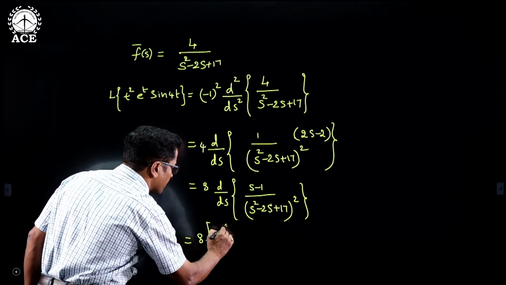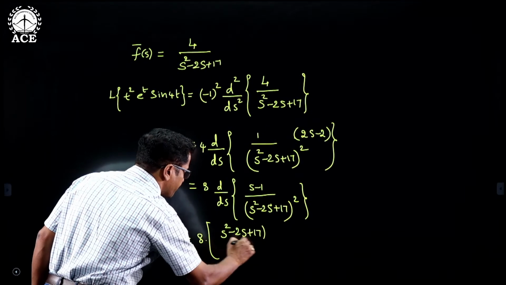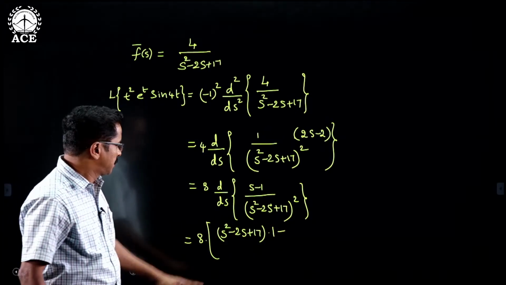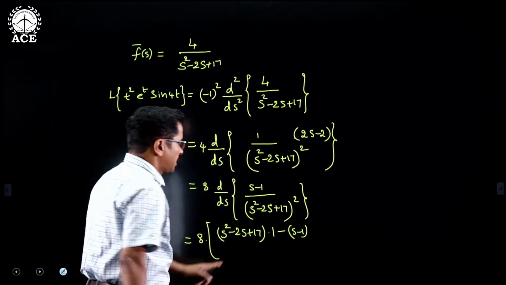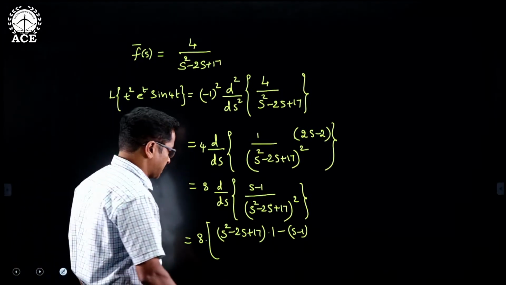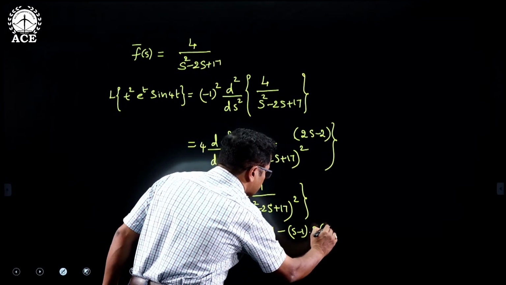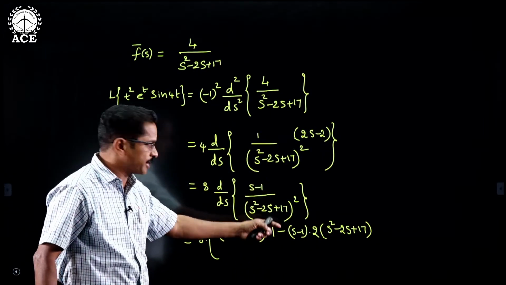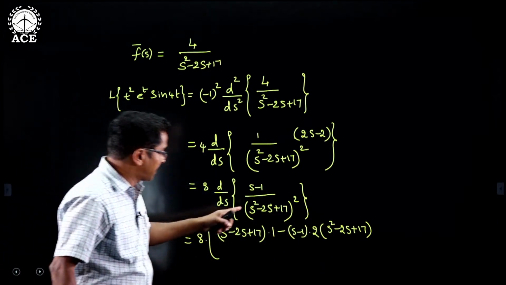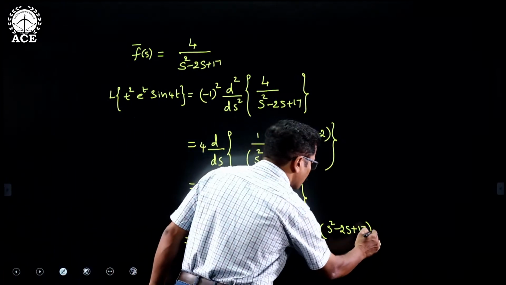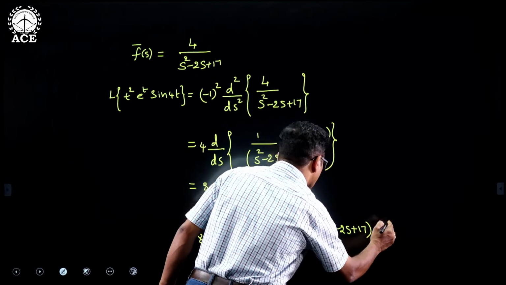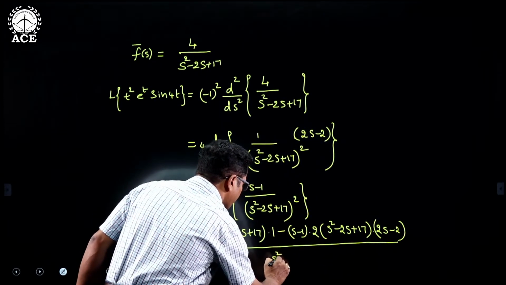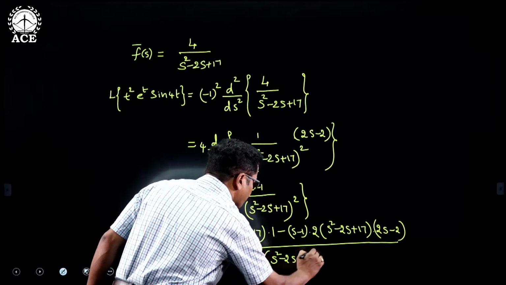So s square minus 2s plus 17, that is v, into du, the differentiation of s minus 1, which is 1, minus s minus 1 into dv. For the differentiation of s square minus 2s plus 17 whole square, you write 2 into s square minus 2s plus 17, and again the differentiation of s square minus 2s plus 17 is 2s minus 2, whole divided by s square minus 2s plus 17 whole power 4.